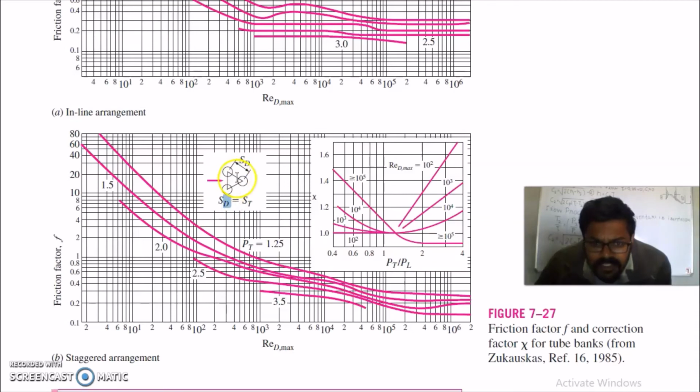So these two distances, diagonal as well as transverse, are the same. If there is a deviation from this, then we use the correction factor. You can see at this point your correction factor is 1 when your transverse and longitudinal pitch are equal. And if you have deviation from this equilateral arrangement, you have to use this correction factor.